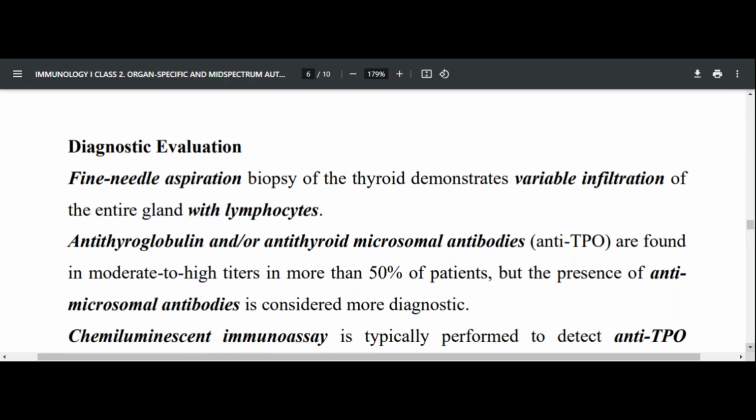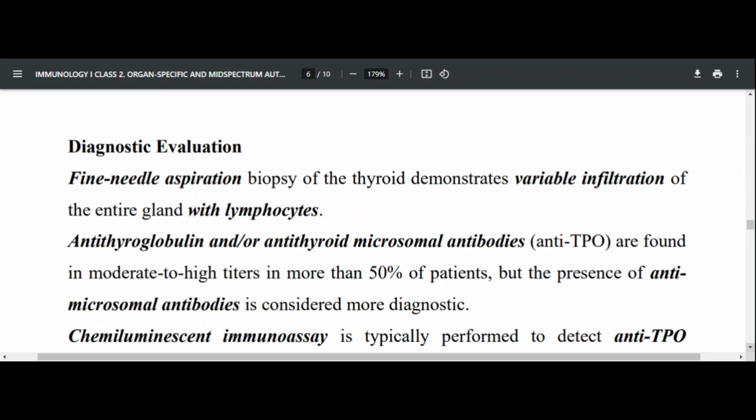Diagnostic evaluation: because of the presence of goiter, you need to perform a fine needle aspiration, and then we demonstrate variable infiltration of the entire gland with lymphocytes. When you take the goiter, maybe through FNA or just biopsy, you find that it is very packed with lymphocytes.